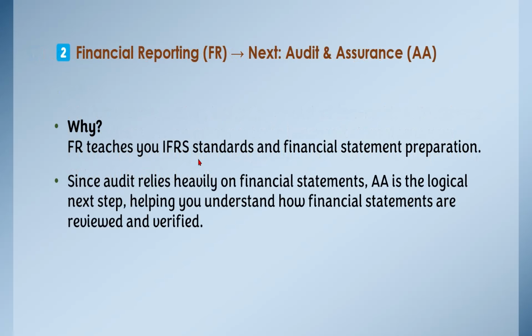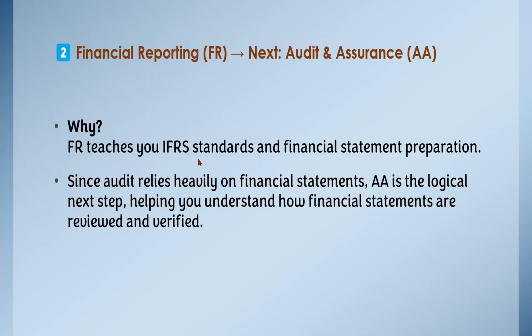And if you have done FR, that is Financial Reporting, then you should go for your Audit and Assurance paper. Why so? Because FR teaches you IFRS standards, financial statement preparation, and their interpretation as well.